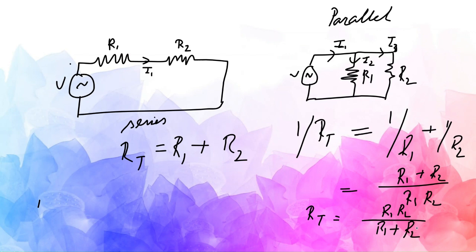Now let me show one real life example. What is our distribution system? Okay, here it is. So there is a three phase line and there is neutral, right?